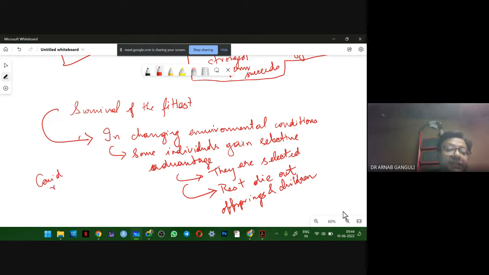COVID resistant individuals will survive since they are the fittest.